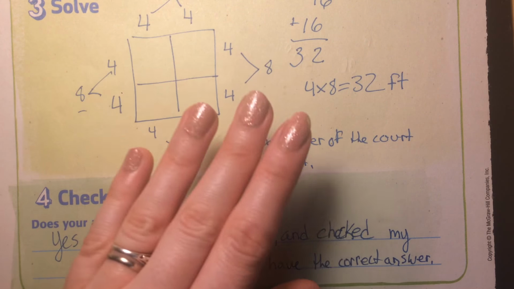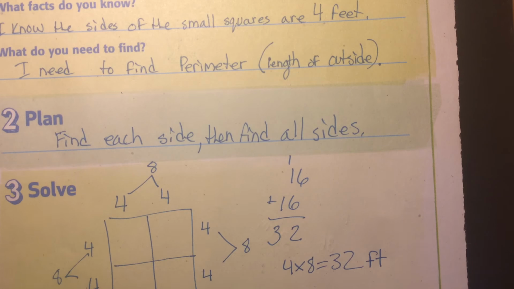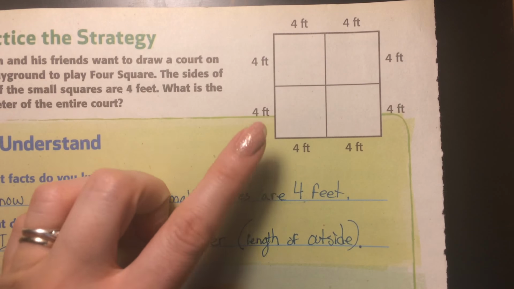So I'm very confident that 32 is the perimeter of this square.